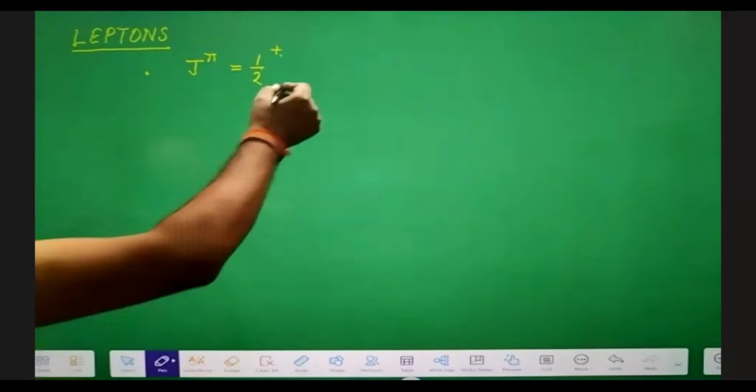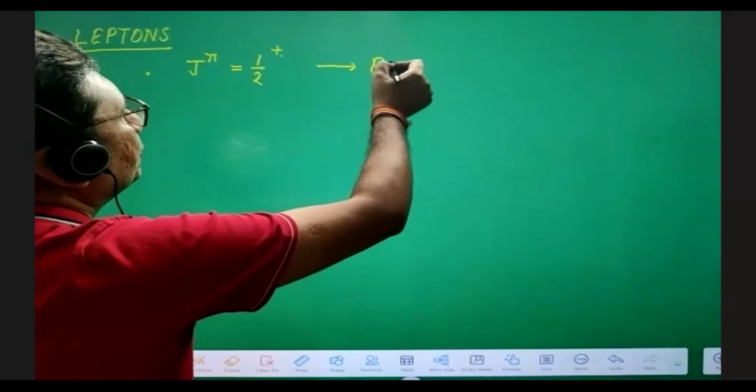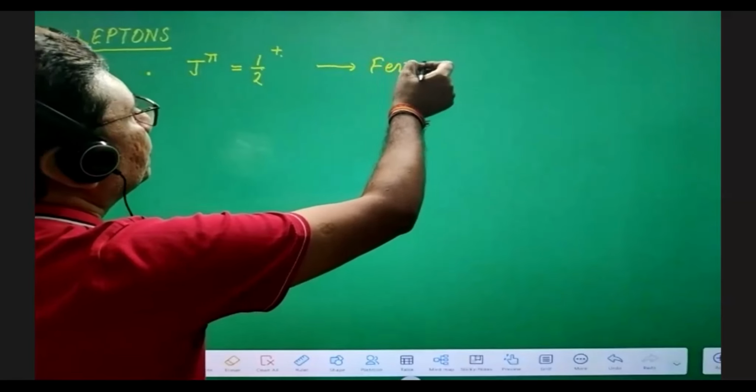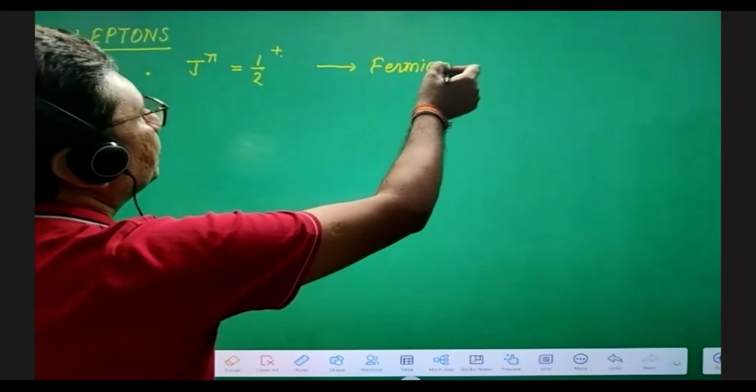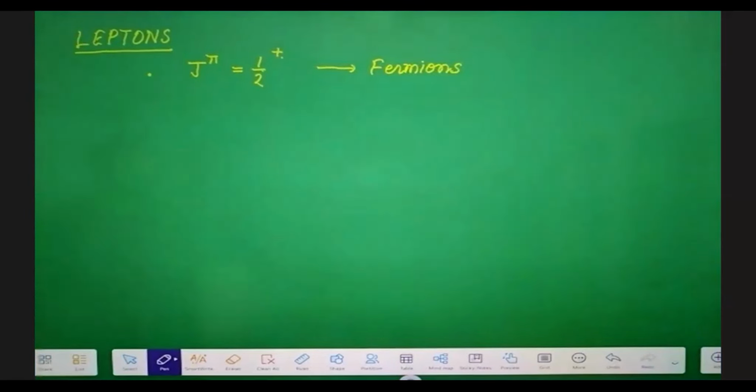So they are fermions. The first thing is they are fermions.